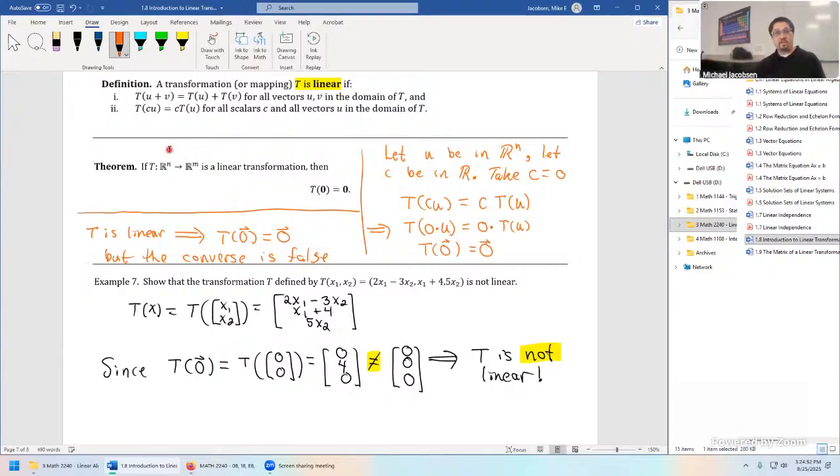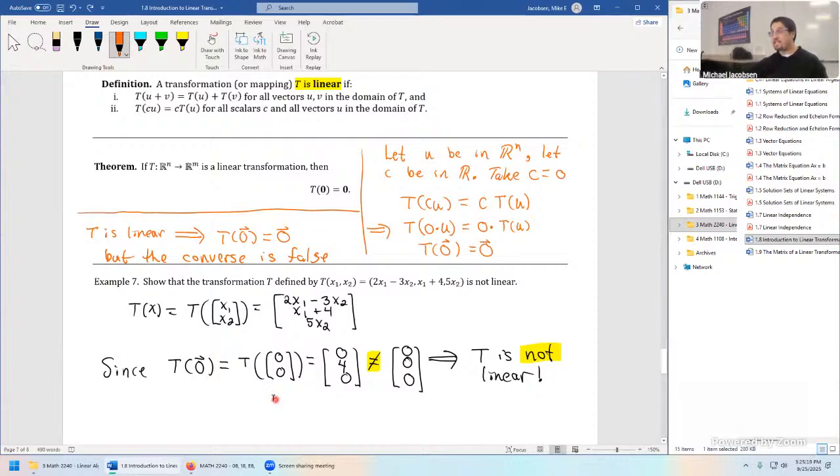What we mean by the converse is if T at 0 equals 0, I can't change the logic and come over here and say T is linear, and that's pretty unfortunate. In other words, there's no double arrow on this one. The directionality of these arrows really does matter. So just because something maps to the zero vector does not prove linearity whatsoever. We might have to use this definition.